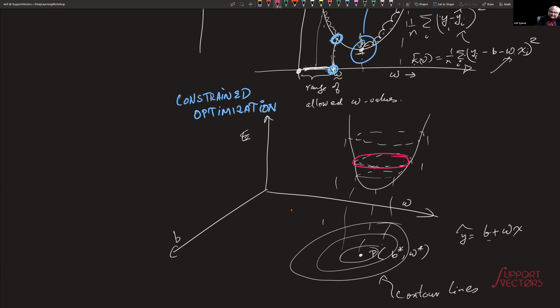So when you project it down, it will project down to this. Contour lines come from geology, where they always show maps of hills using contour lines. So we get contour lines for the error surface, and we can find the point of the absolute minima.